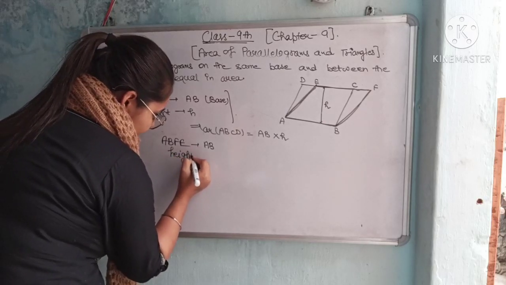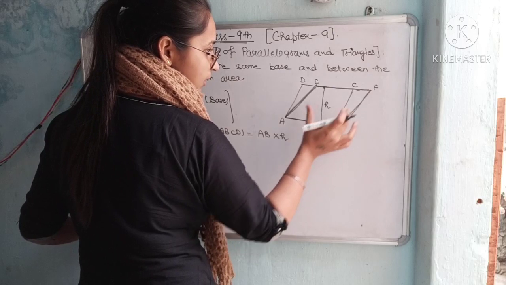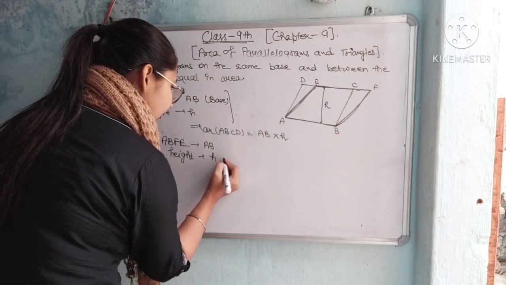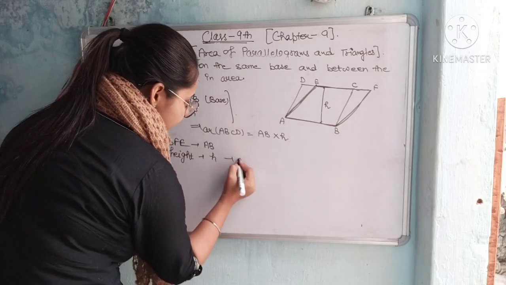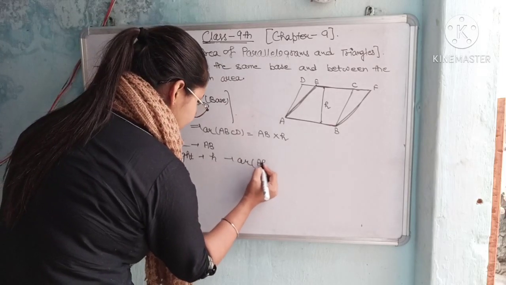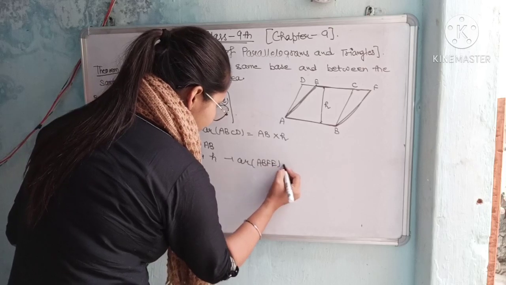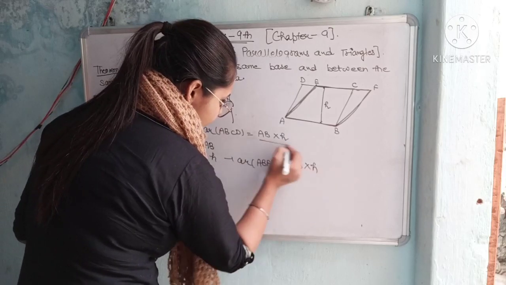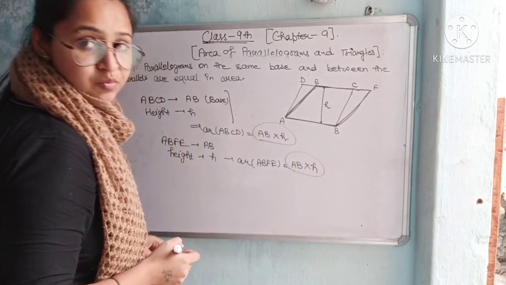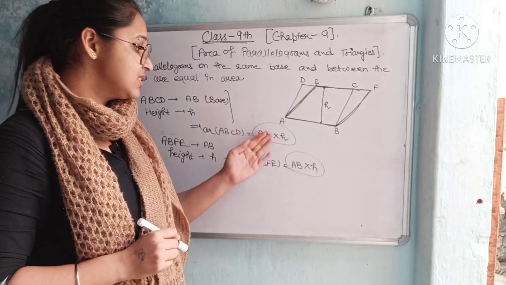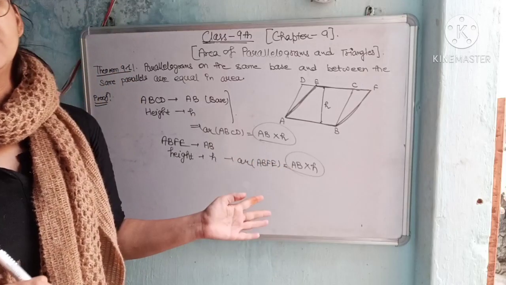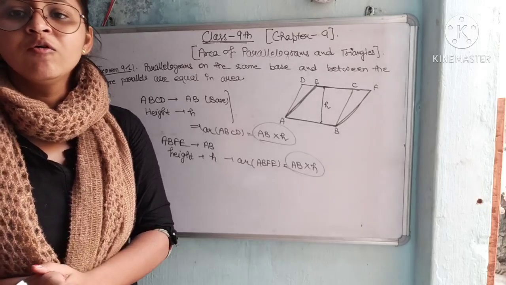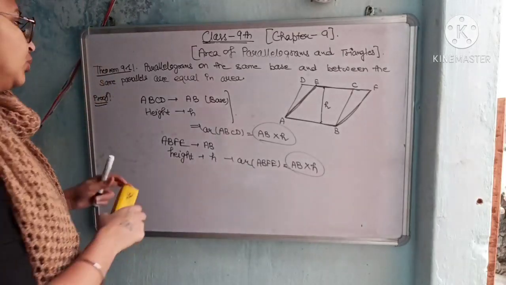Height is the distance between the parallel lines AB and EF, and the distance is the same, that is H. So the area of ABFE will be base AB into H. See both equations have the same value. It means their area is same. This is not a proof. This is just a trick, or you can say it is using the help of the formula.